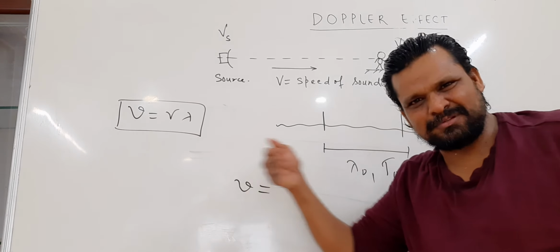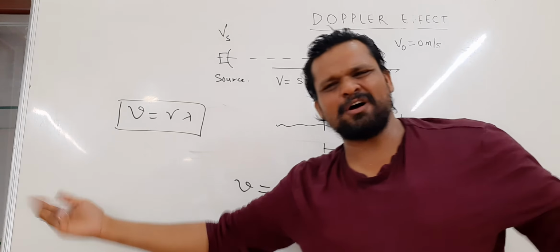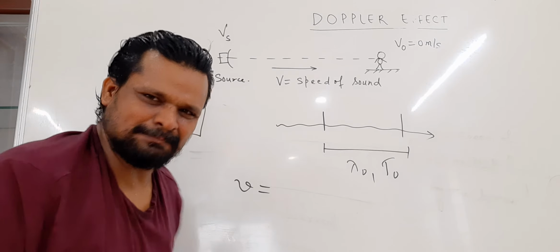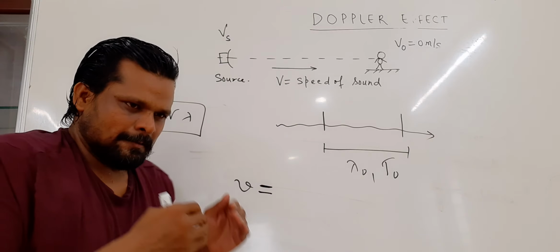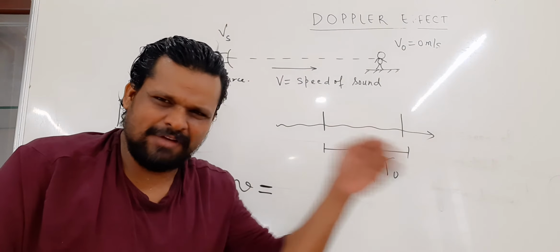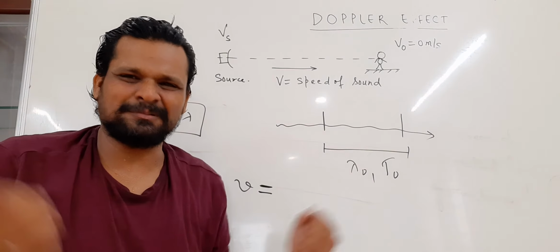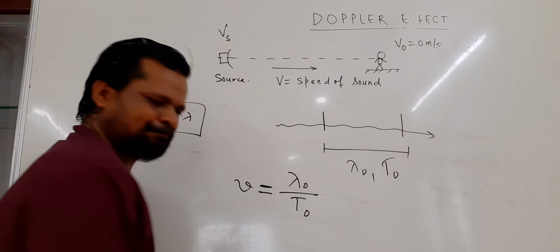The speed of variable pressure is called the speed of sound, distance by time.